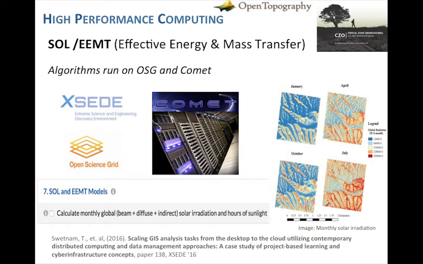We're working in collaboration with him, and it runs on supercomputer resources, both at San Diego Supercomputer Center as well as on the XSEDE network and Open Science Grid. This tool basically computes the monthly global solar irradiation and hours of sunlight, which we know is a critical control for many ecological and geomorphic processes.